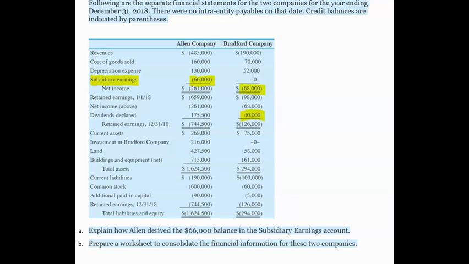You see that it's still different from the current subsidiary earnings, which means that Allen Company is not using the partial equity method, which means there's only one left. It is the equity method. Okay, so I'm going to use the next video to show you how Allen derived this $66,000 in subsidiary earnings, and also give you the consolidated entries at the end of 2018.